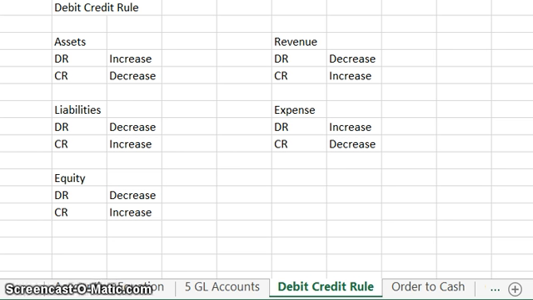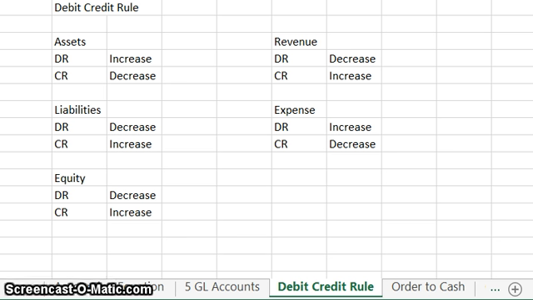What I wanted to talk to you about today was the debit and credit rule, and this falls in line with the accounting equations and the 5 general ledger accounts that we have. Basically, what the debit and credit rule means is anywhere you have a debit, you have to have a credit with that same amount of money somewhere else in your accounting system, and vice versa.